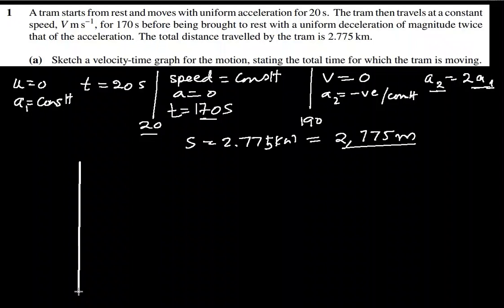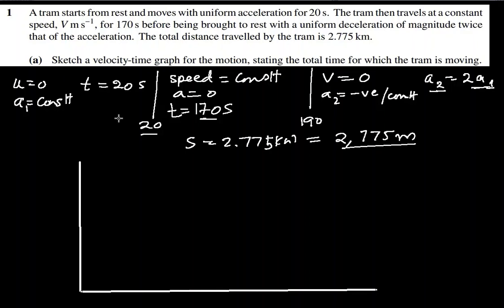Let me draw the vertical axis and then the horizontal axis. The first stage is up to 20 seconds, so let's say 20 is here. The second stage is up to 190, 170 more, so it will be very far, up to 190.